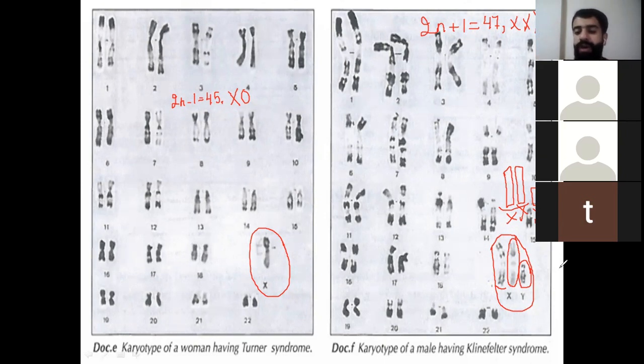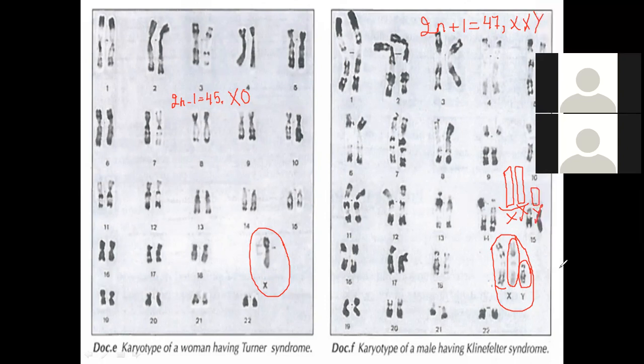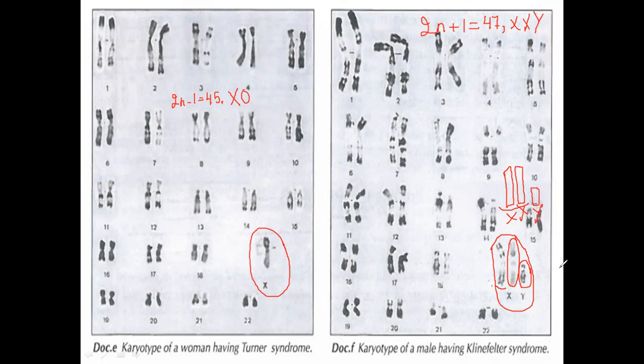Okay, moving to document F. Mirna, what do you think? Document F, sterile or fertile? Moving to Ran.